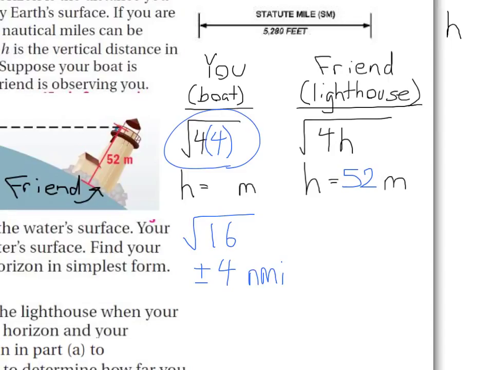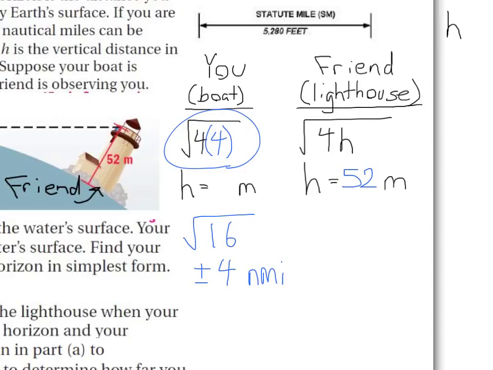Nautical mile. But let's think about also why this answer is not fully accurate in the context of the situation. Yes, the square root of 16 is plus or minus 4 because positive 4 times positive 4 is 16, and so too is negative 4 times negative 4, positive 16. But in the context of this situation, we don't need a negative 4 because negative 4 miles doesn't make any sense whatsoever.